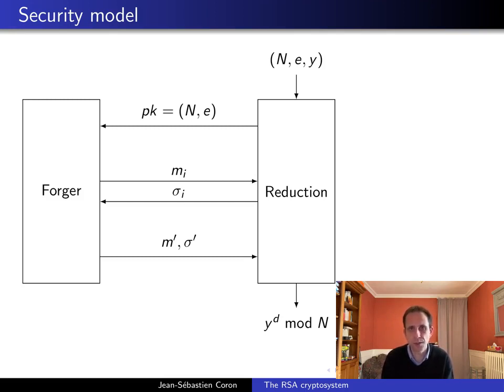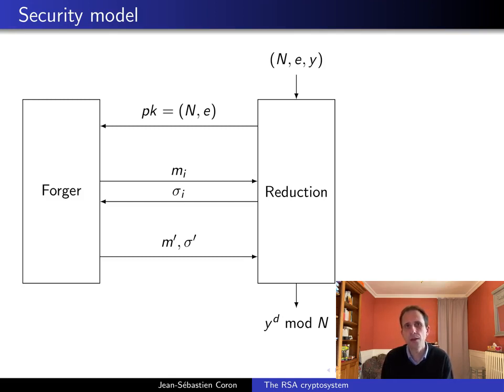As a first step, the reduction is going to send the public key n and e to the forger. Then the forger can make signature queries, as many as he wants. This means that the forger submits a message m_i to the reduction, and the reduction must output the corresponding signature of the message m_i.